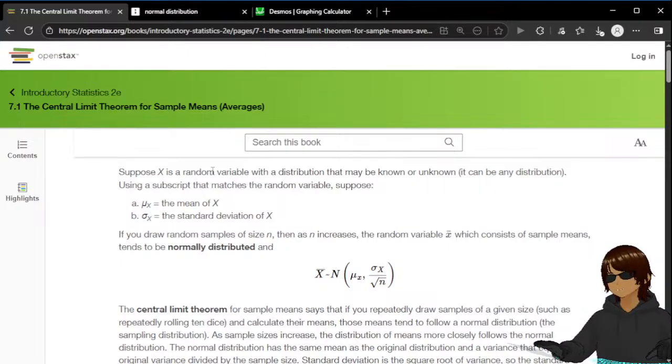Suppose x is a random variable with a distribution that may be known or unknown. Using a subscript that matches the random variable, suppose mu x is the mean of x and sigma x is the standard deviation of x.